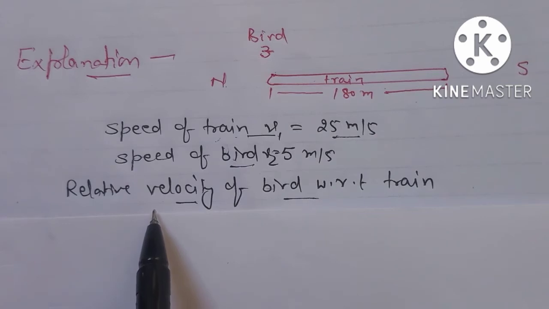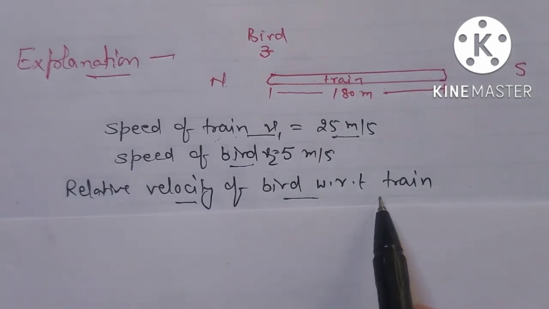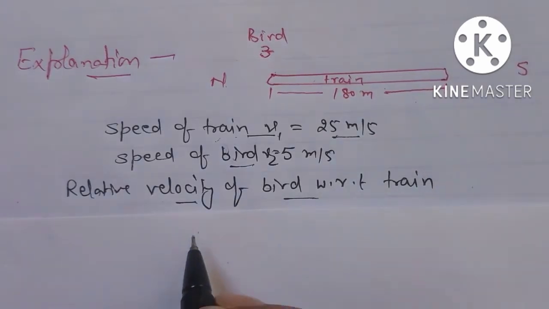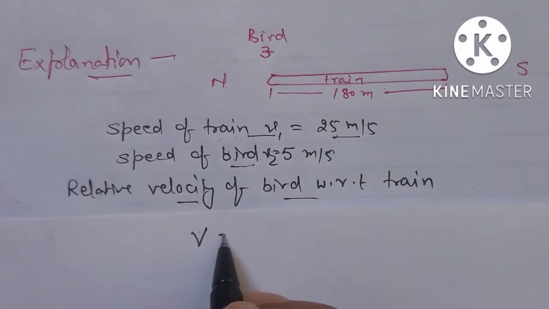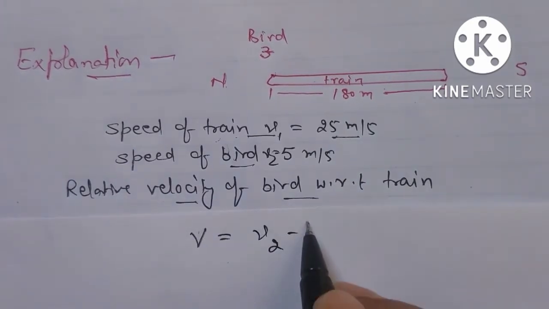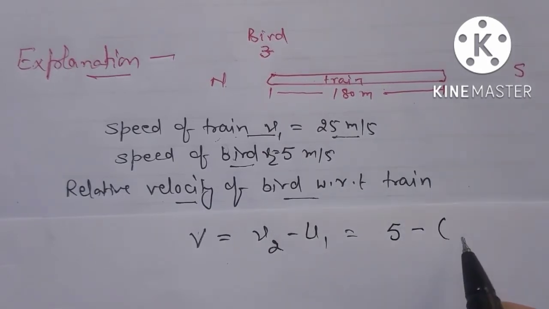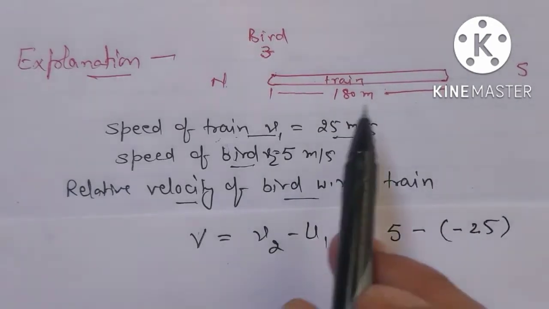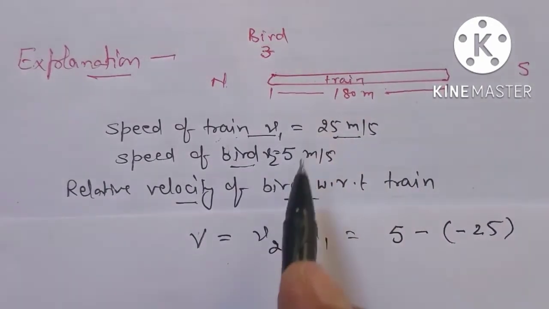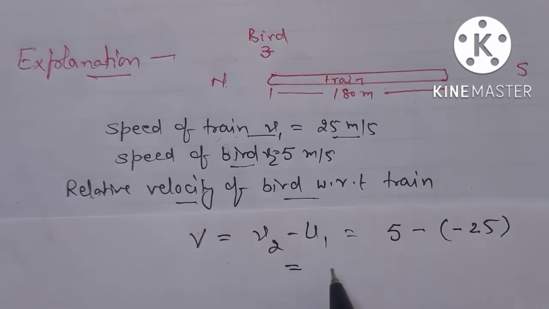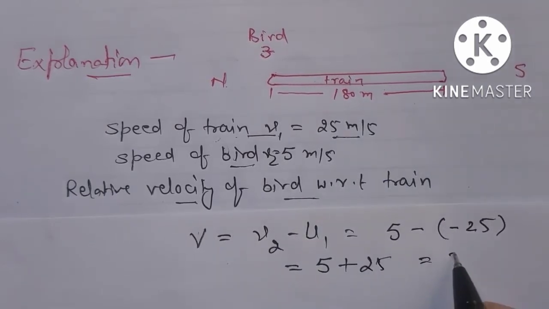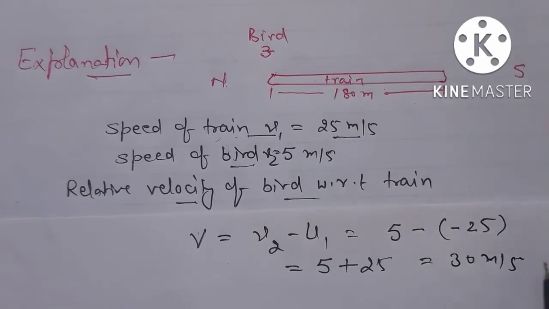Now we are going to calculate the relative speed of the bird with respect to the train. Suppose that is capital B, this is equal to v2 minus v1. v2 is 5 minus, and v1 taken as a negative 25 because it is opposite to the speed of bird. So this is equal to 5 minus into minus plus 25. This is equal to 30 meter per second.